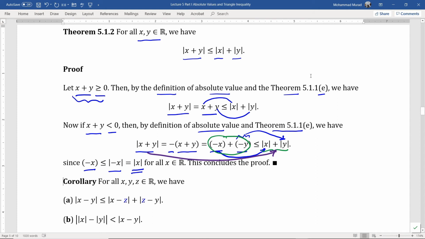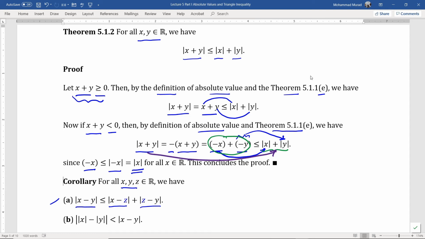Corollary: A. For all x, y, and z real numbers, we have the absolute value of x minus y is smaller or equal to the absolute value of x minus z plus the absolute value of z minus y.